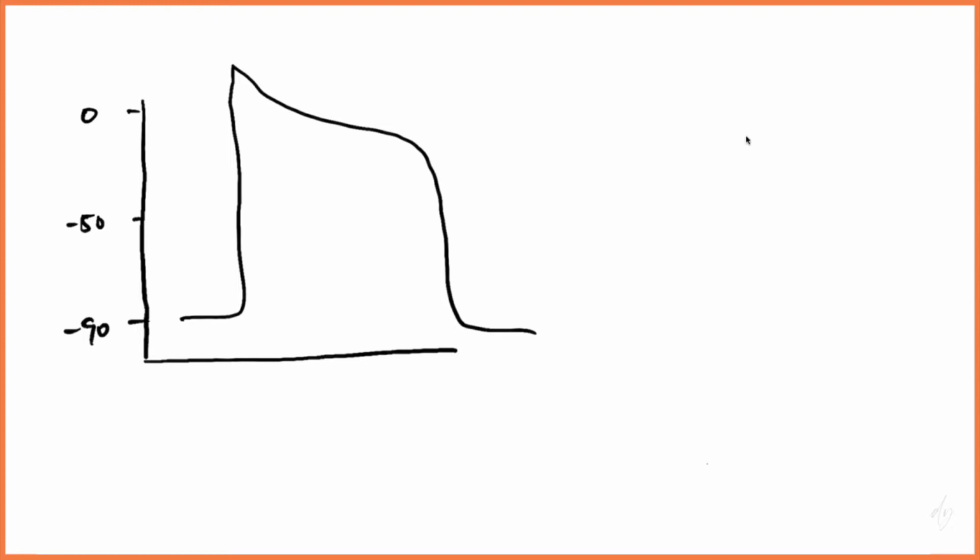When we have a cardiac myocyte action potential like this, you may recognize phase 4, phase 0, phase 1, phase 2, phase 3, and then back to phase 4. You would remember that phase 4 is the resting membrane potential. Phase 0 is the depolarization phase.